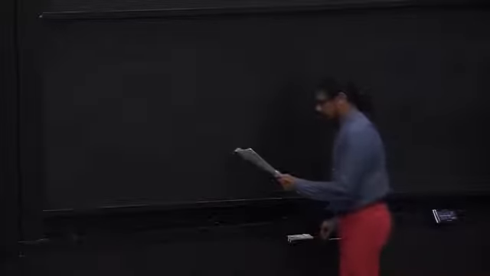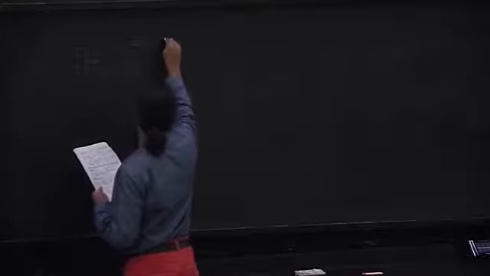So the total cross-section turns out to be 4 pi alpha squared, where alpha is the fine structure constant.